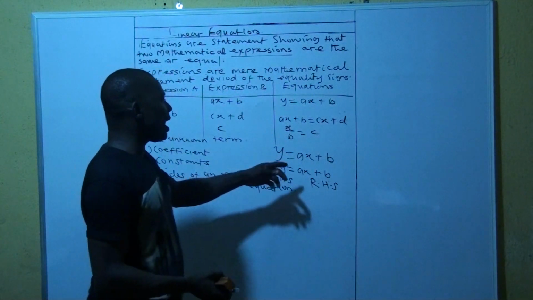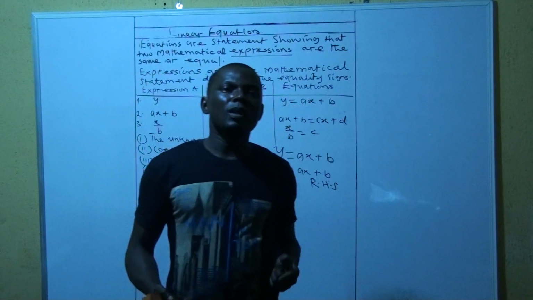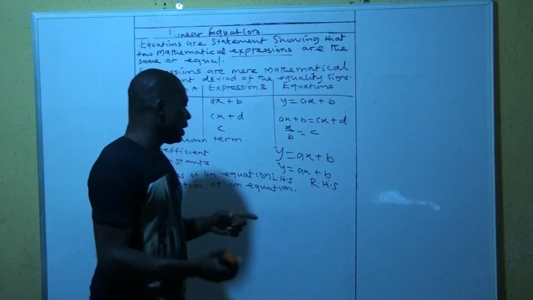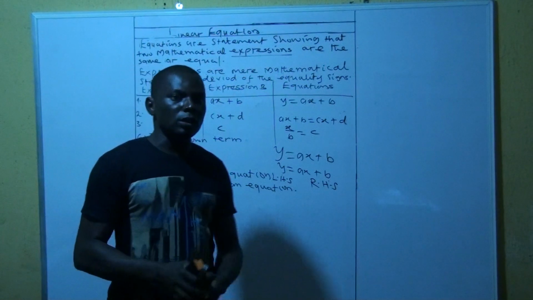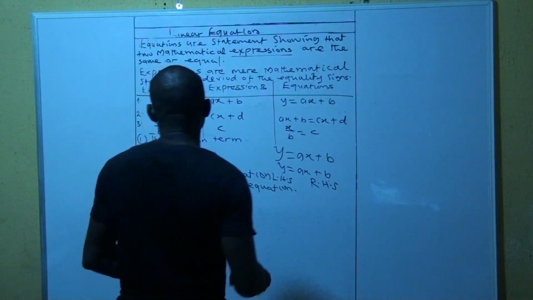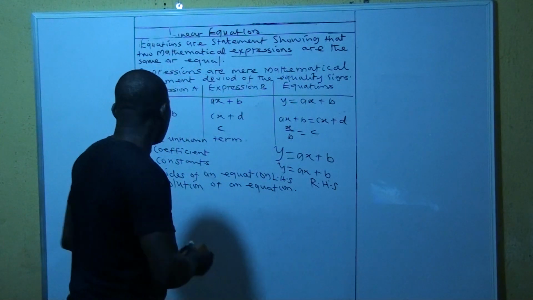So by the time you find the numerical value of x, or any unknown term in an equation, that numerical value is usually the solution to the equation. So we must understand these concepts because we need them as we make progress. I hope I'm well understood. Okay, let's move on.